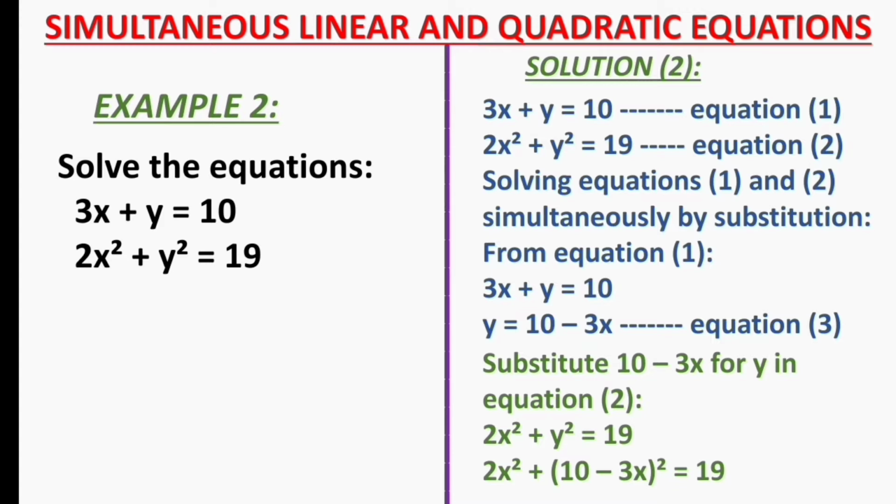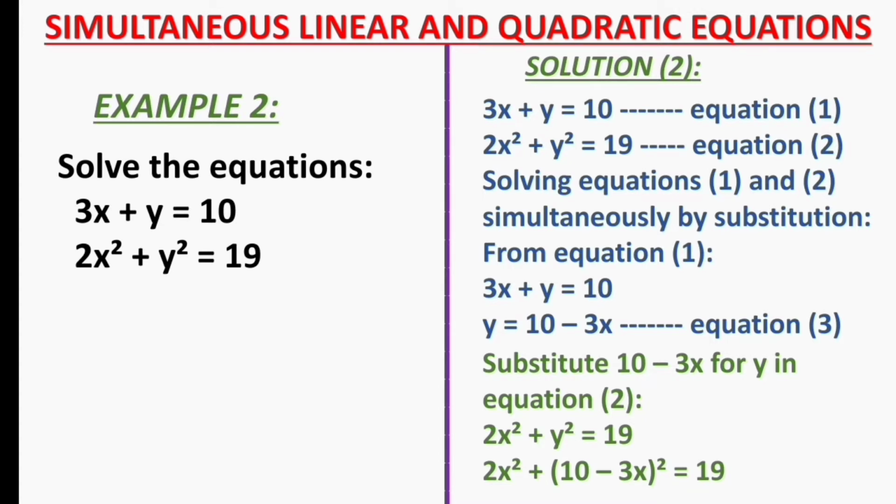Equation 2 says 2x squared plus y squared is equal to 19. Since y is going to be 10 minus 3x, we are going to have equation 2 as 2x squared plus, in brackets, 10 minus 3x squared is equal to 19. Here, y is being replaced by 10 minus 3x. This is the substitution that we refer to.